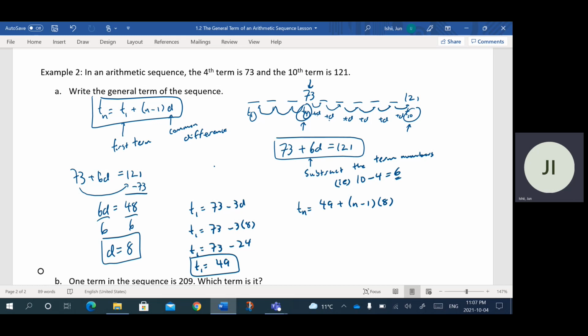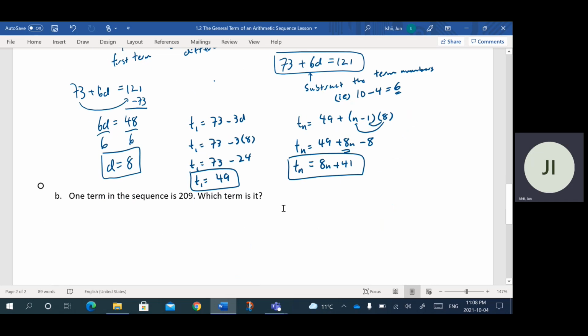Just like in the previous example, I'm going to expand out the brackets and collect like terms. So Tn is equal to 49 plus 8n minus 8. Tn is going to equal, let's write the 8n first, and then 49 minus 8, which is 41. So there we go. That is the general term, 8n plus 41.